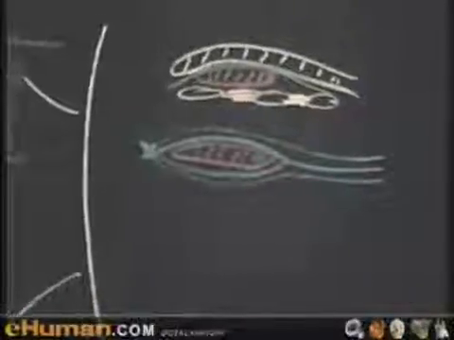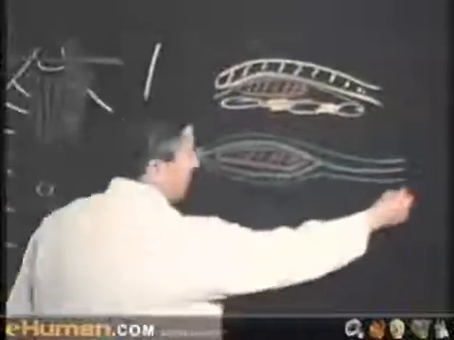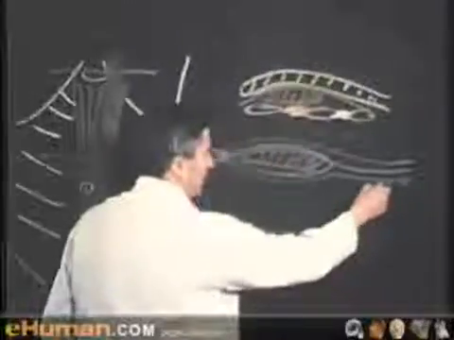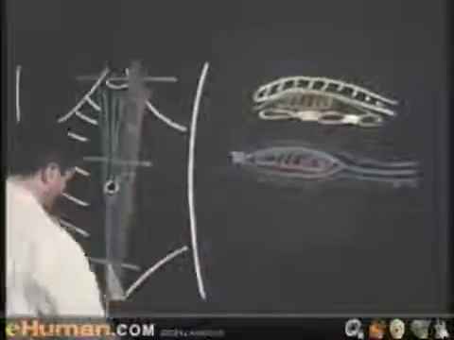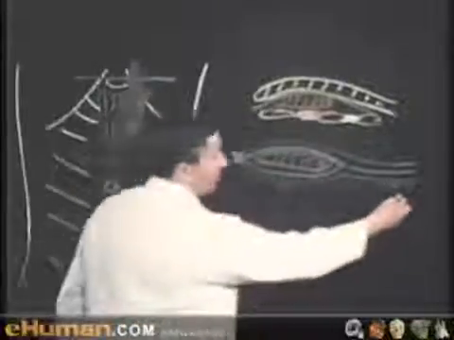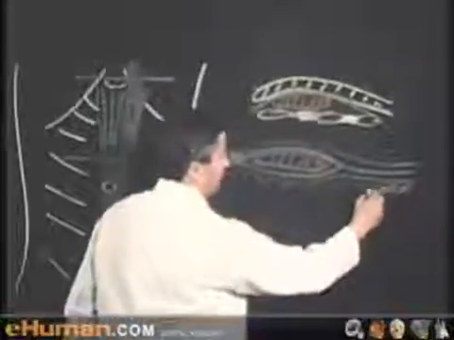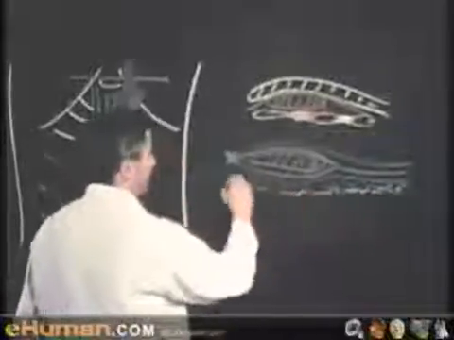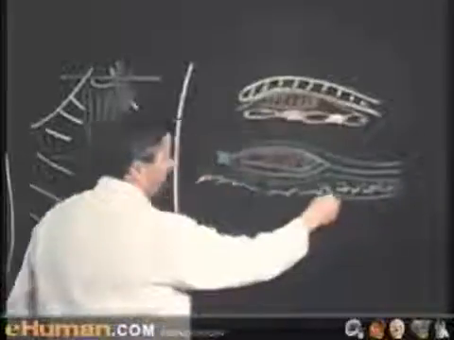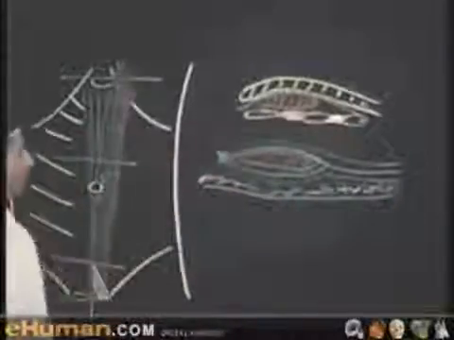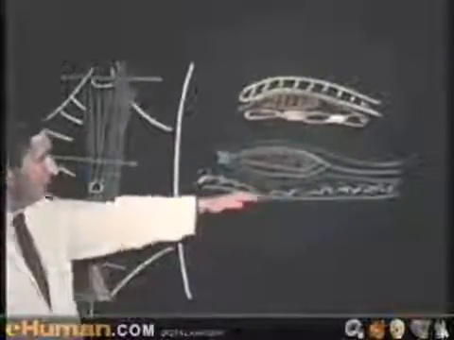Now we can indicate, and I'll do this as an interrupted line, the position of the fascia transversalis, and then I will show the extraperitoneal fat in this manner, and finally the peritoneum coming across and lying behind.